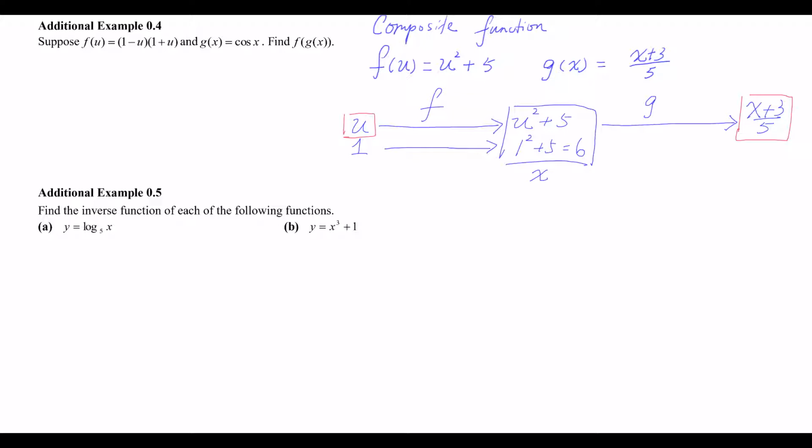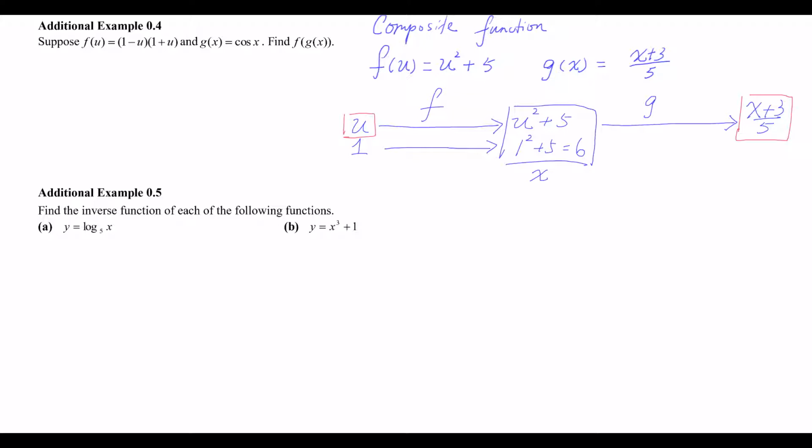Therefore, there should be a relation between u and the end product, x plus 3 over 5. In this case the relation seems not clear, but if we look again, what is x actually here? x is got by u squared plus 5.